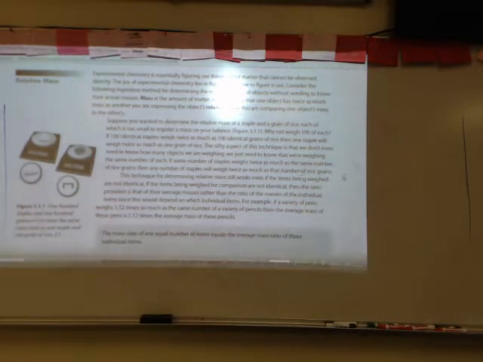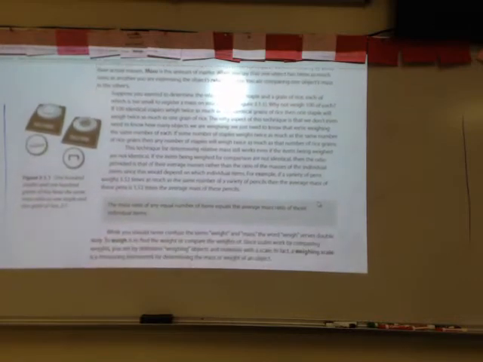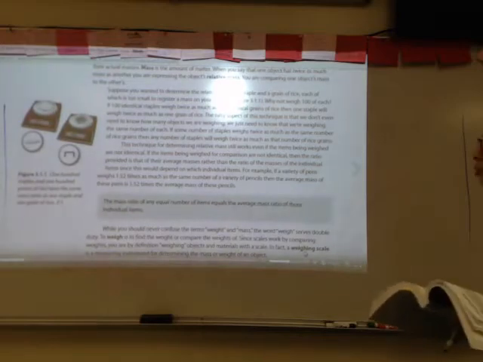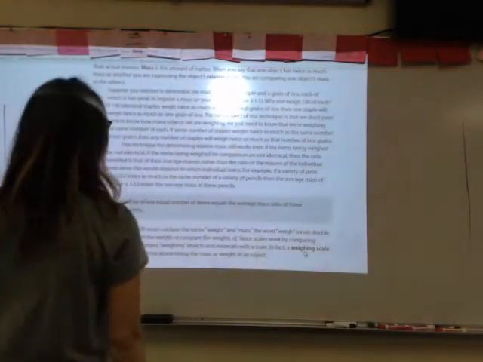Now suppose we wanted to determine the relative mass of a staple and a grain of rice. They're both too small for us to get a mass reading on a balance. So what we'd want to do is weigh 100 of each.